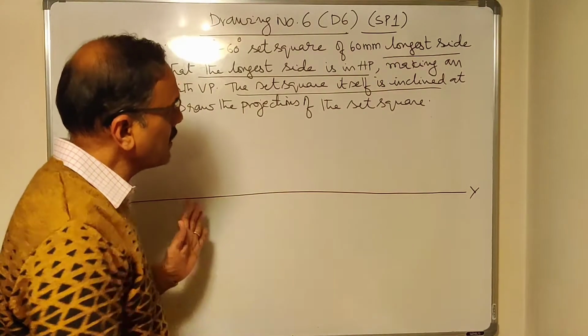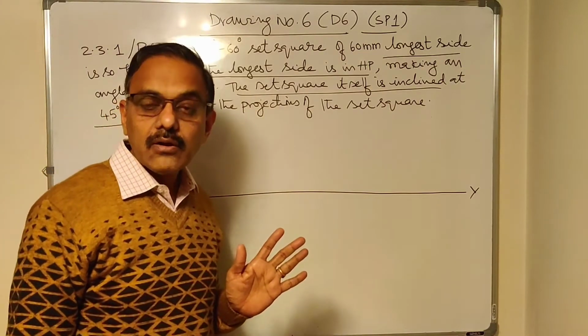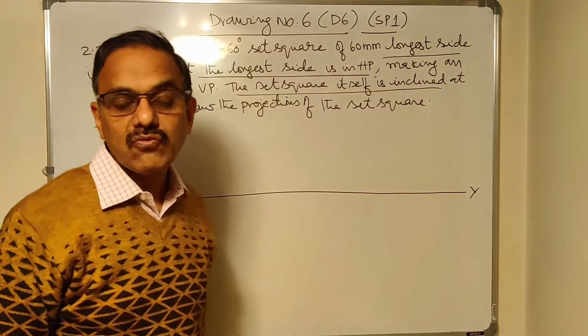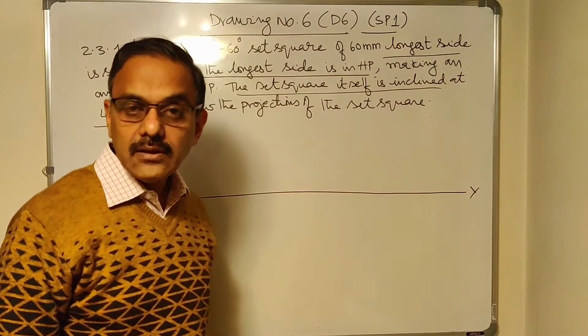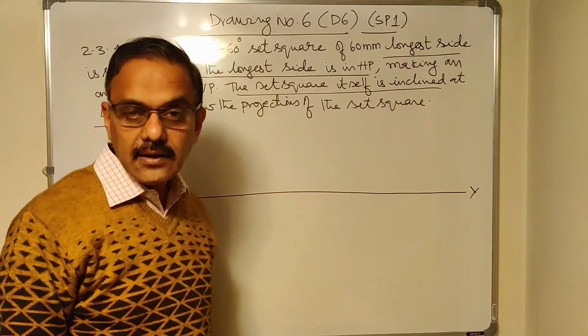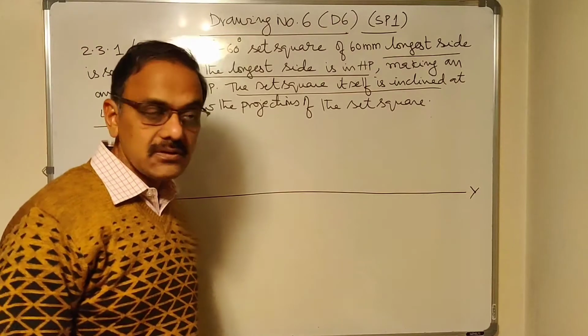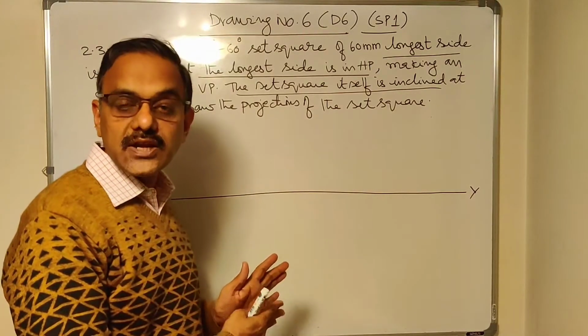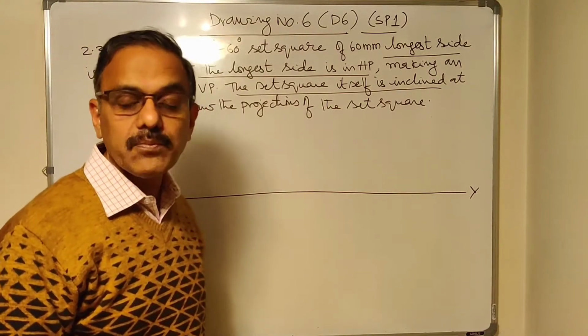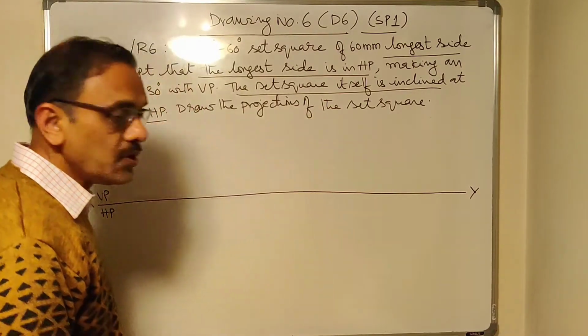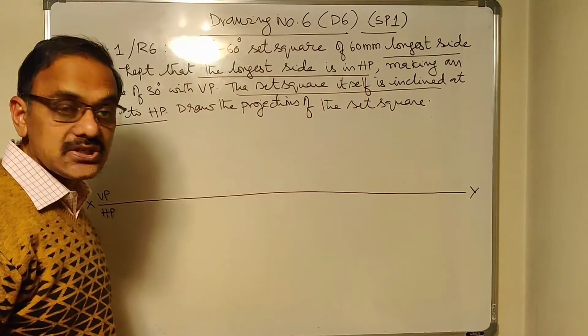And because you know that this problem belongs to simple position 1, you know how to start. You have to start by drawing the top view first. Which condition do you satisfy first? It is the HP condition that you have to satisfy first. And then you move to the VP condition and complete the problem. So the problem is going to be solved in 3 steps.